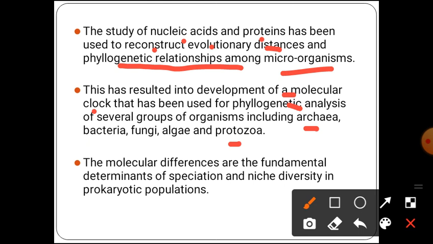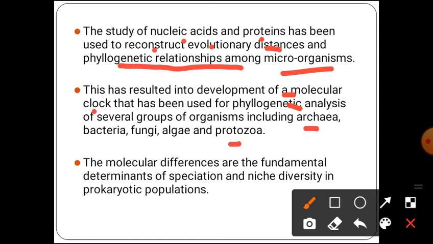What is the molecular clock? The molecular clock indicates the mutation rate, how much mutation or which type of mutation has occurred from one species to the species generated from it. That indicates the molecular clock.